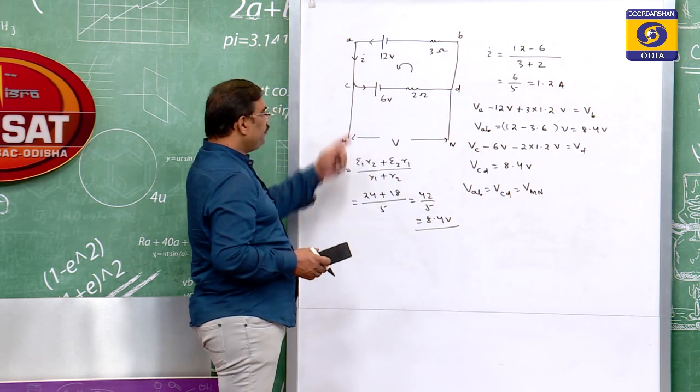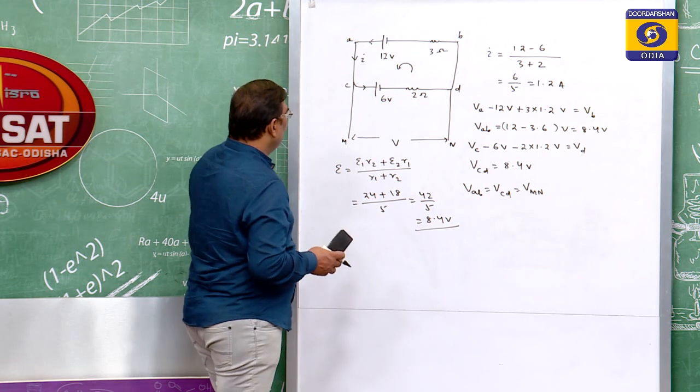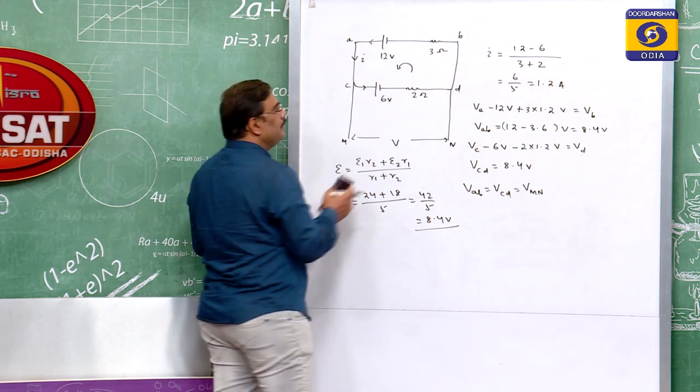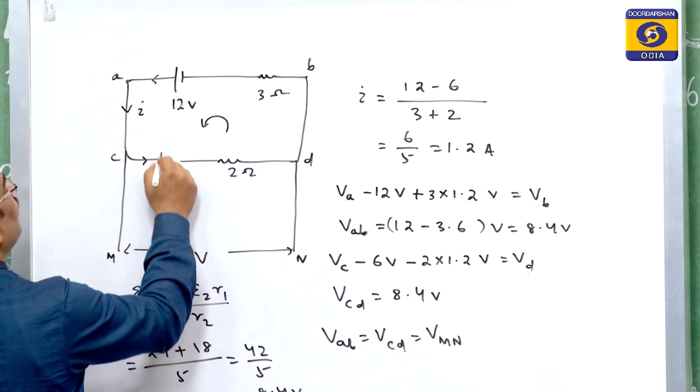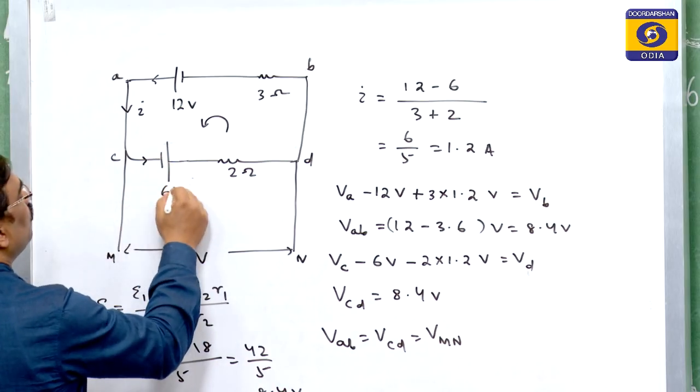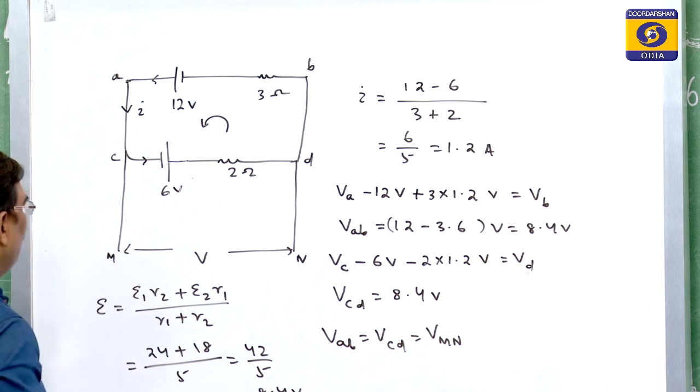So, let us see if this 6 volt is reversely connected. If this is reversely connected, then what will happen?